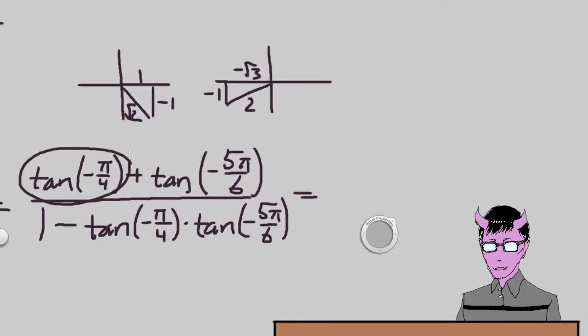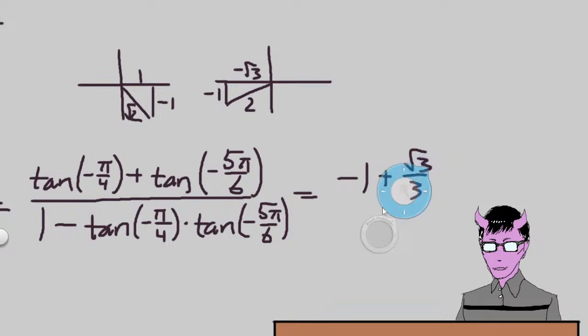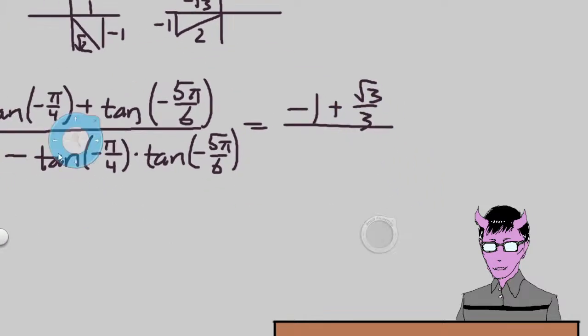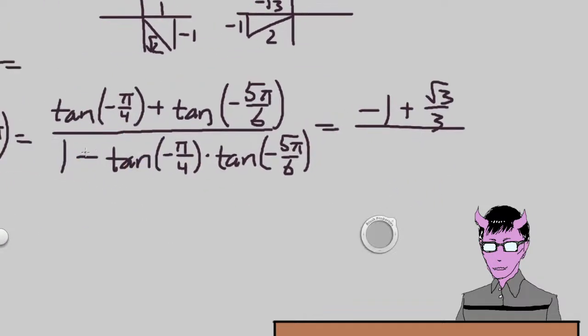So what do we got? This one. Well, that one is going to be positive. Copy paste the signage first, then evaluate. Okay, and then what do we have here? 1 minus.